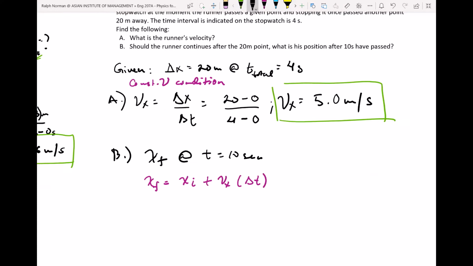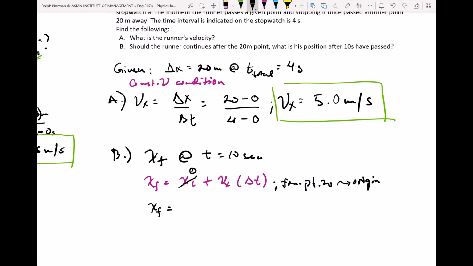Now substituting the values, we know that my frame of reference here is from point 20, so that will be my origin, and it's just being asked how far from that 20 mark. So my initial position here is 0.